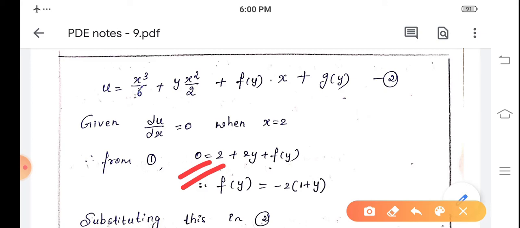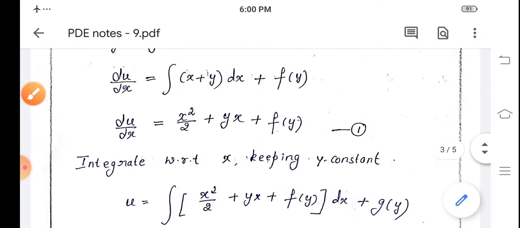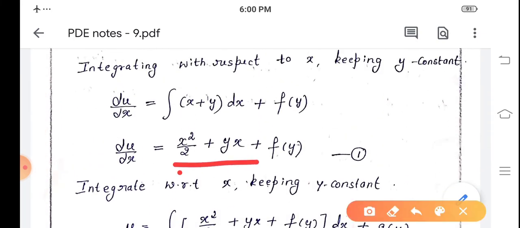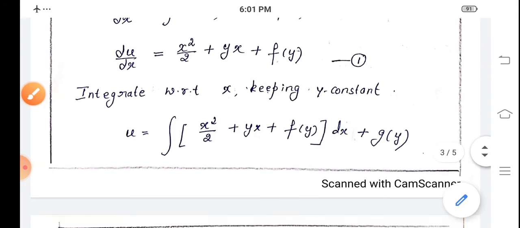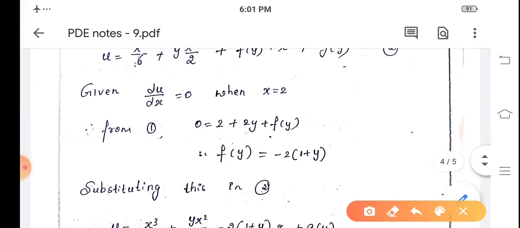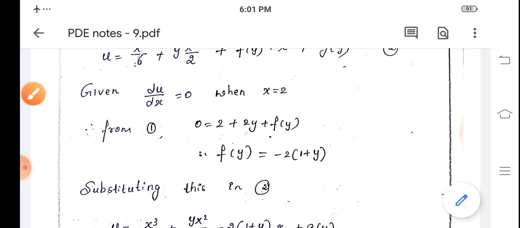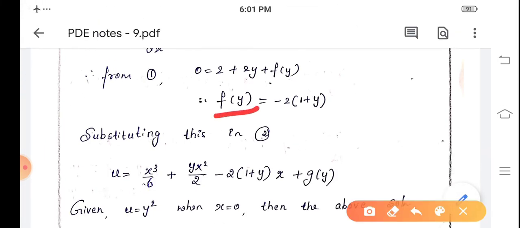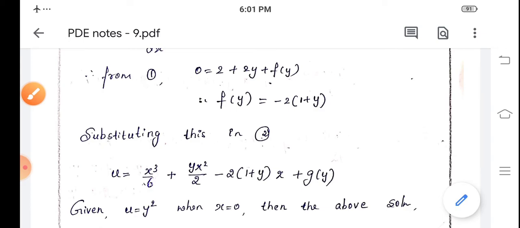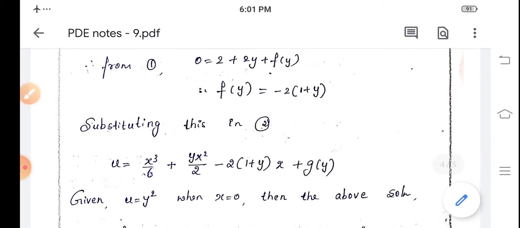In the right hand side, when we put x is equal to 2, it becomes 2 square by 2, then plus y into 2 plus f of y. That is 2 plus 2y plus f of y equals 0, or we write f of y is equal to minus 2 minus 2y, that will be minus 2 into 1 plus y. So we have obtained the f of y value.